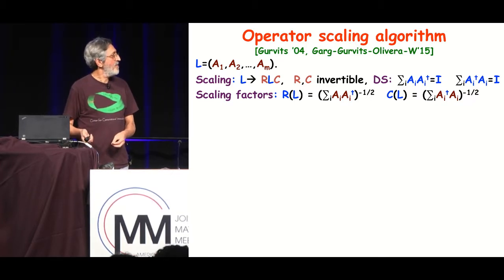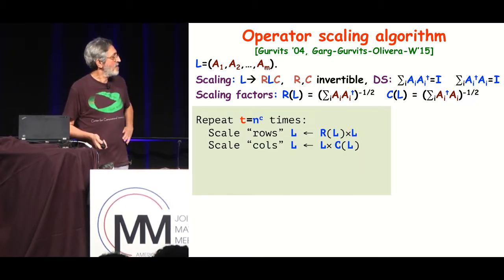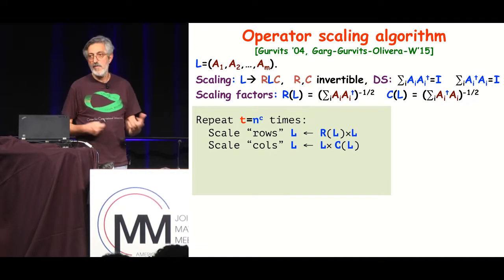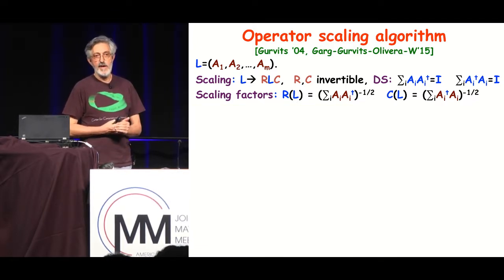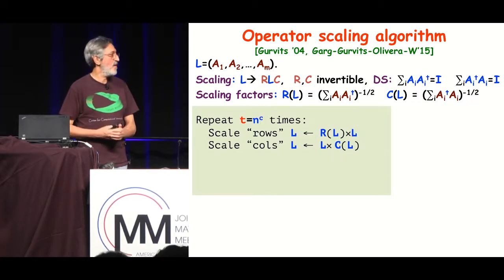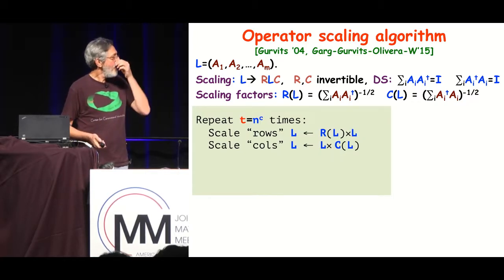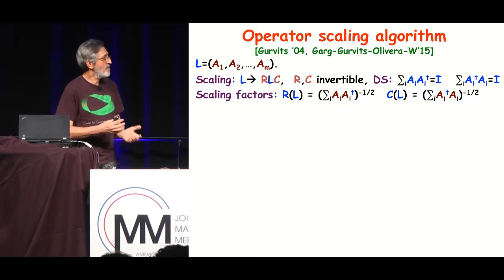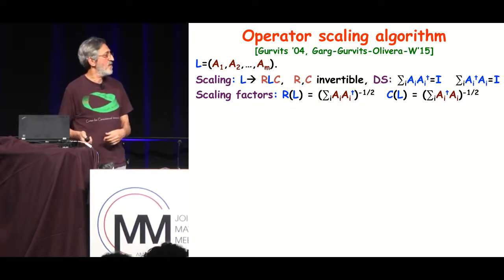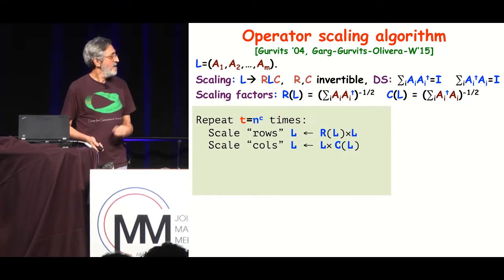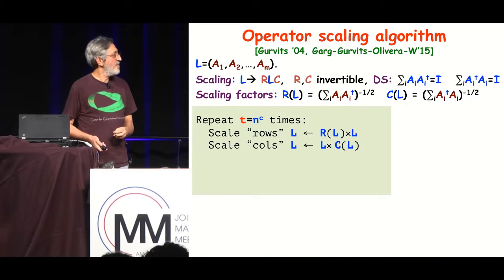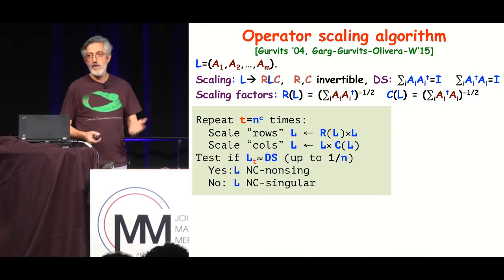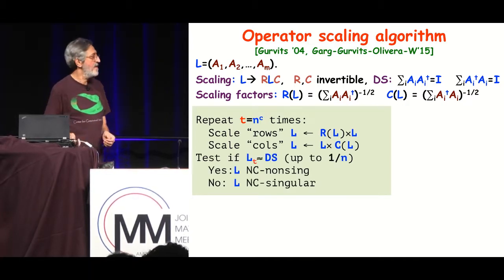I will not say much about it except to get to the analysis. So again, there's a notion of scaling. We can multiply by the left and by the right, trying to make the operator row stochastic or column stochastic. It's very easy to calculate, like before, what it takes to scale the rows and scale the columns. And you just alternate it for some polynomial number of times and test whether you are close to satisfying double stochasticity.